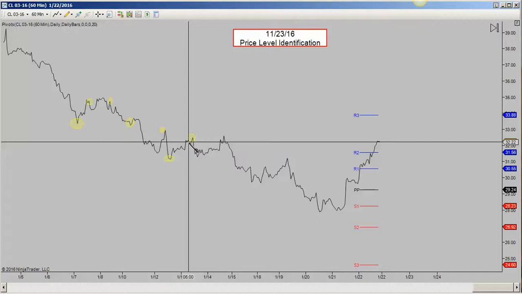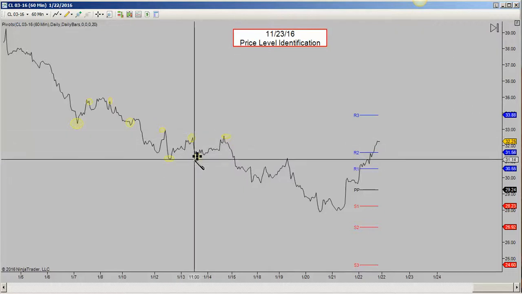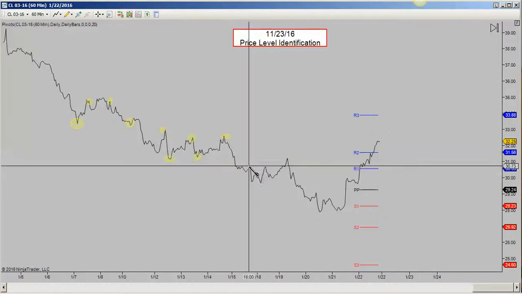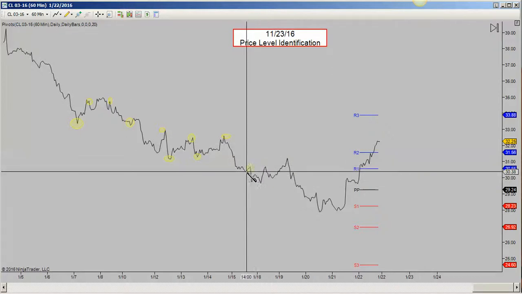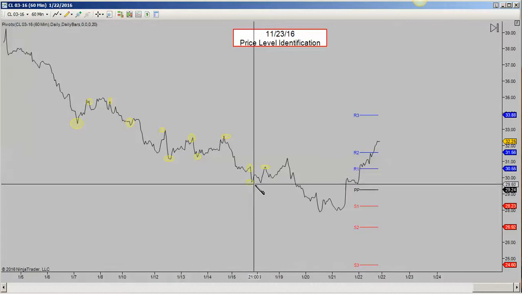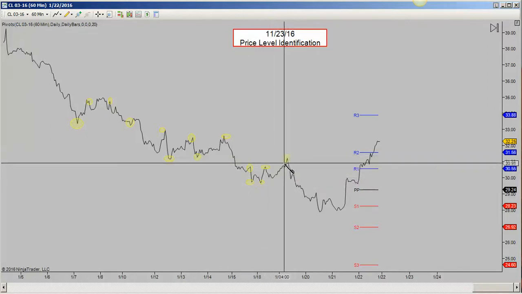Here's one. That's a high. Here's a low. Looks like this is a high. These are pivot point lows right here. This is definitely a high there.